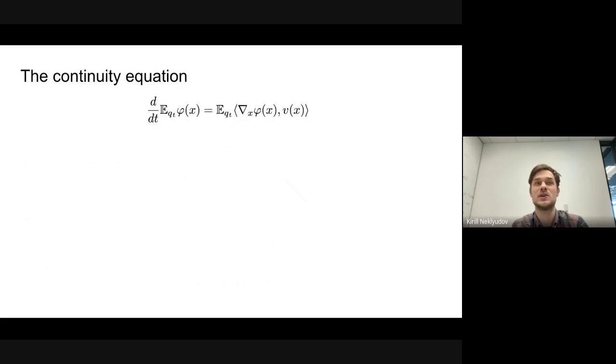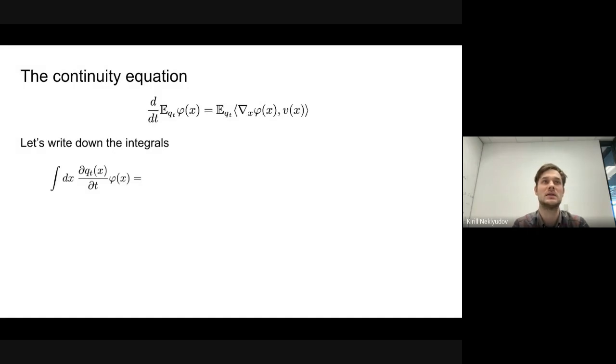Starting from this equation, we can expand it a little bit and write down the expectations as integrals over the space and take the derivative. On the left-hand side, the time derivative of the density will appear. The right-hand side will be just another integral that we rewrite straightforwardly.